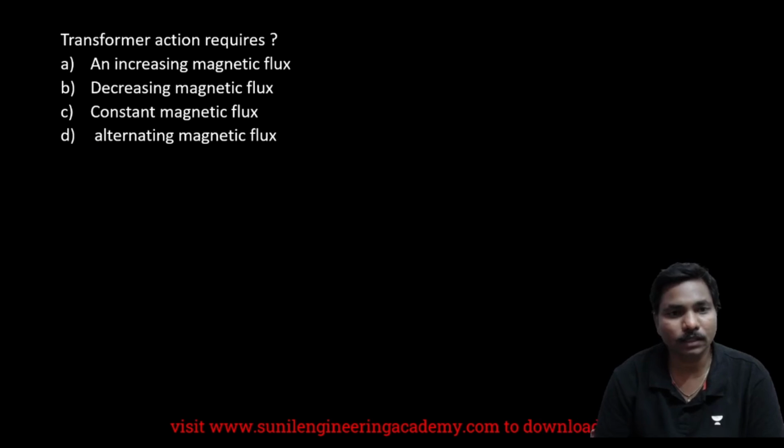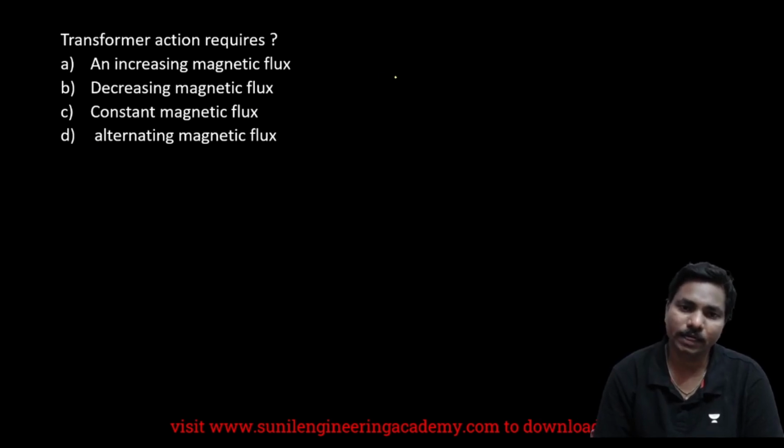Coming to the next question, transformer action requires dash. Just now I have given, in the transformer action, EMF e is equal to minus N dφ by dt. Minus is due to Lenz's law.